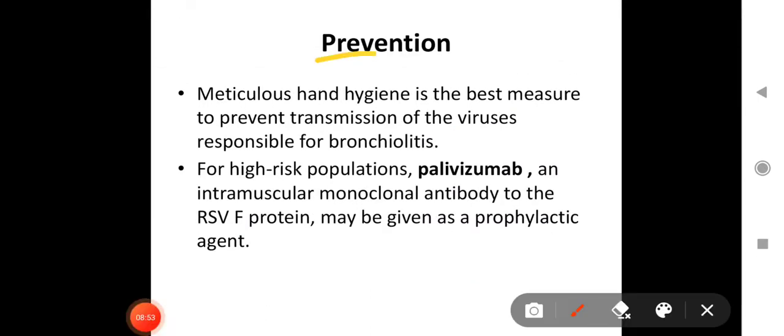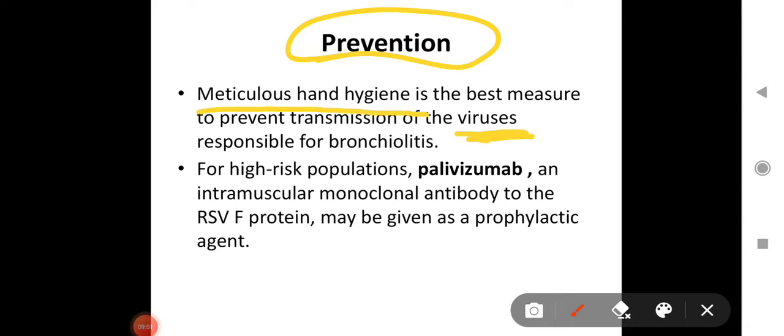Now, how can you prevent bronchiolitis? Meticulous hand hygiene is the best measure to prevent transmission of virus, because here again you have to prevent the transmission of virus. If in a ward you have a patient with bronchiolitis, a small baby, and you are not following hand hygiene, then the health workers can even spread it to other patients.